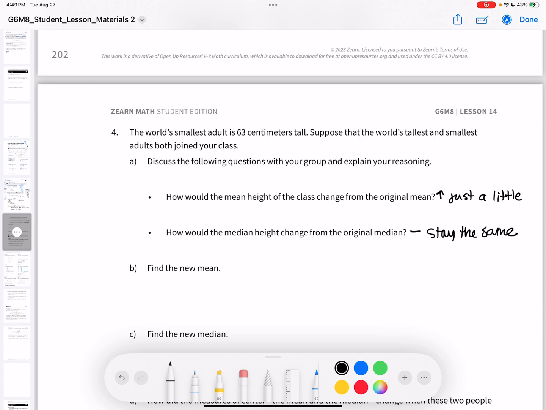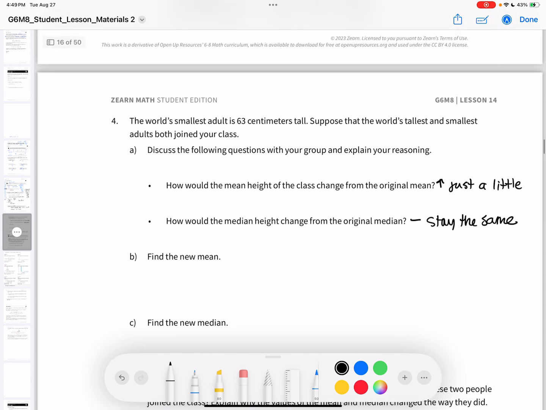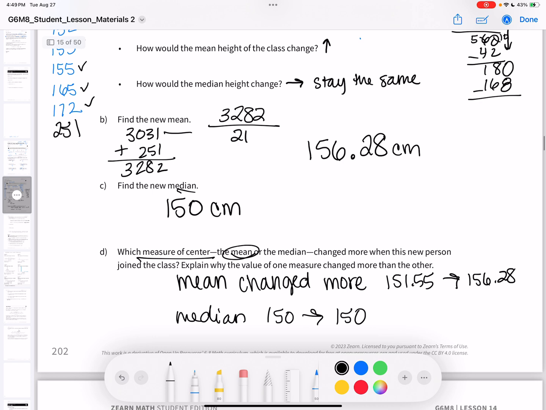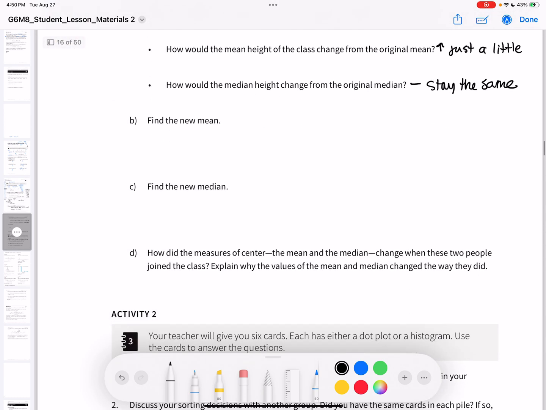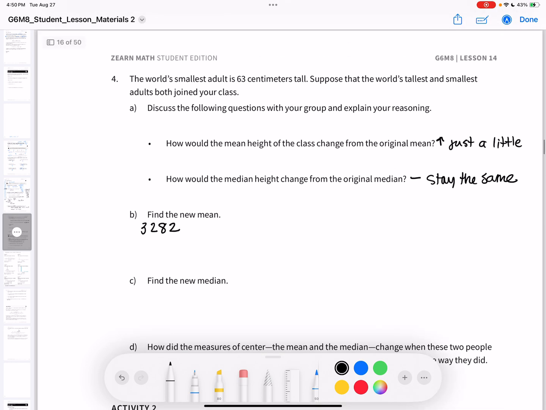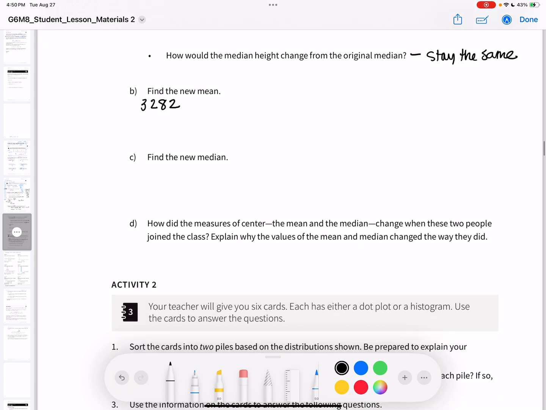Find the new mean. All right, so we did the math here where we added the tallest person, so it's 3,282. But now we have to add the smallest person, so we have to add 63 to that.